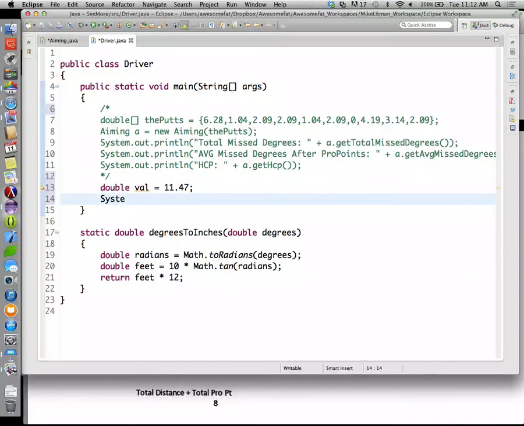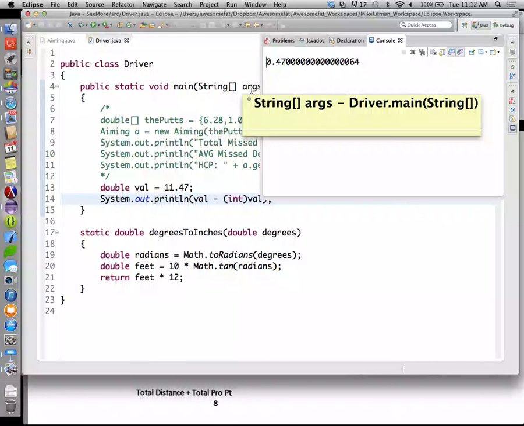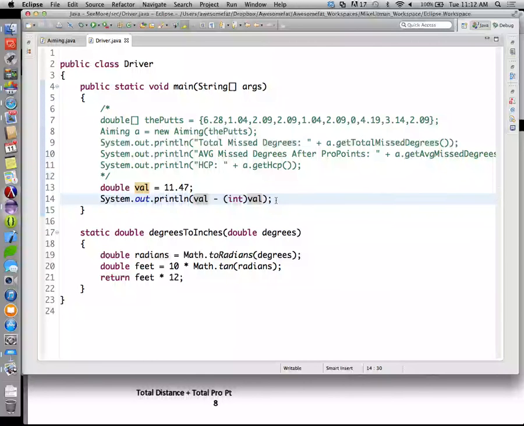We'll do system.out.println val minus the integer version of val. And hopefully this gives us 0.47. Then we can ask the question.